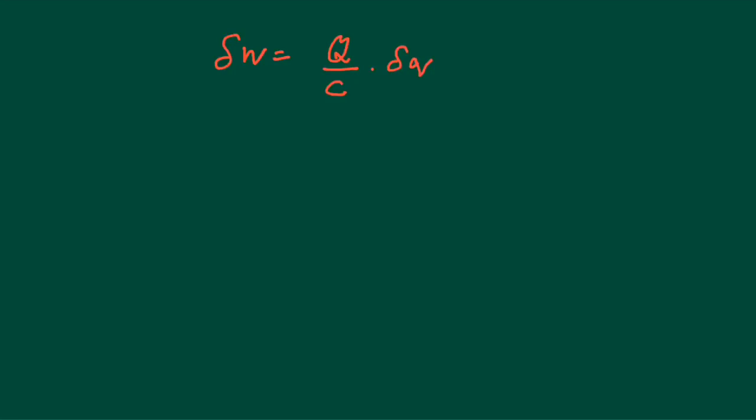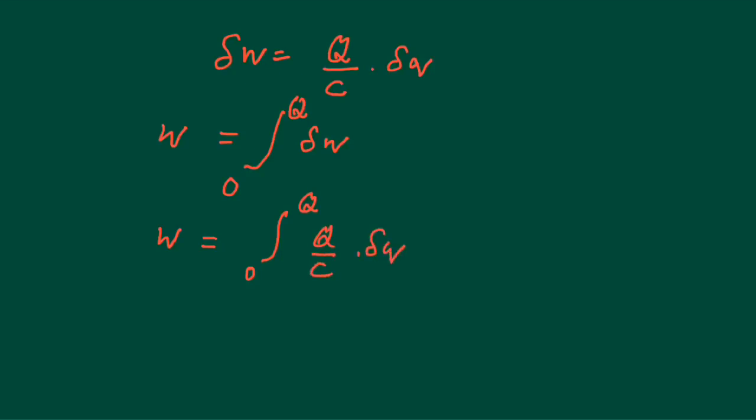Now we have to find the total work done in transferring the charge Q. So we integrate delta W from 0 to capital Q. Delta W equals Q upon C into delta Q. Q upon C is constant, therefore 1 upon C is taken out of the integration, and we integrate the value of Q dQ.